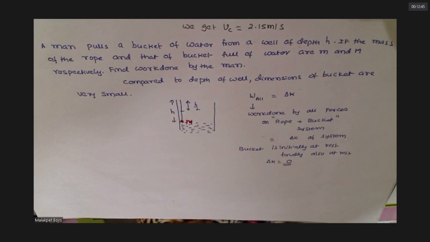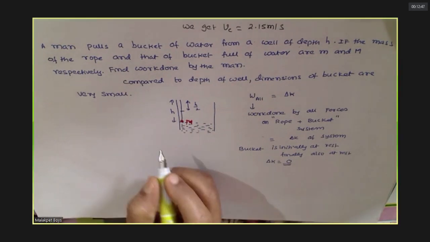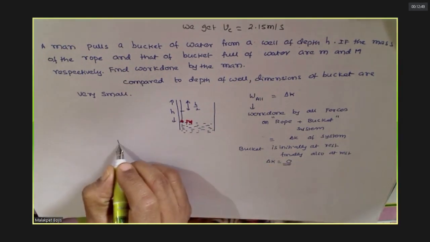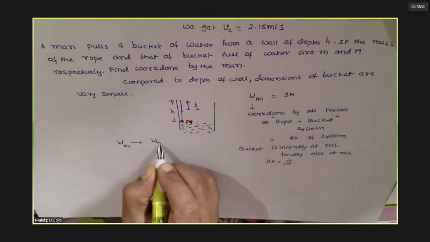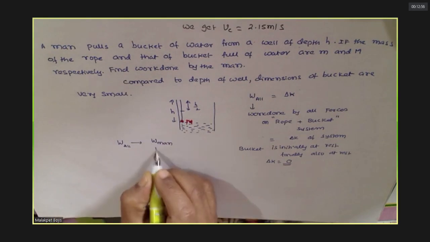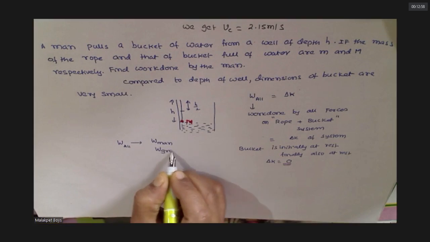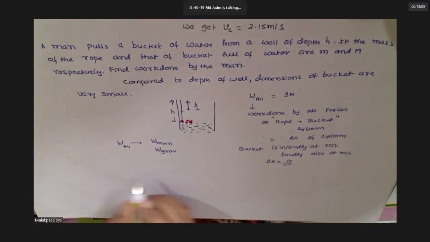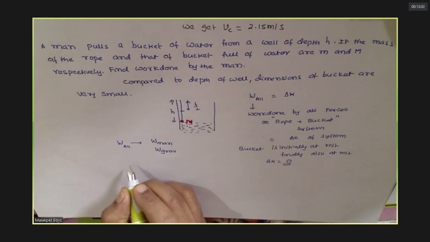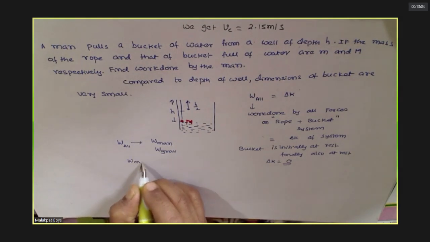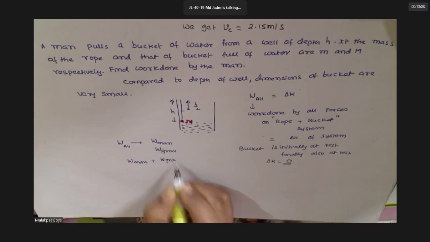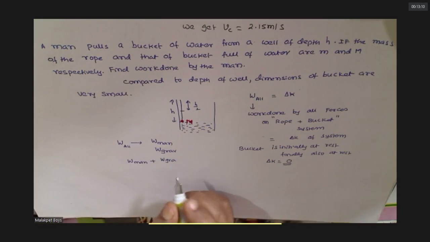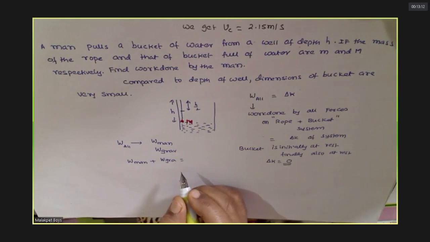Now you can see that all forces means what are the forces? Work done by man, any other force? Gravity. Work done by gravity, then work done by tension. We can say that tension does zero work. Work done by man plus work done by gravity equals change in kinetic energy. Do you agree with this or not?